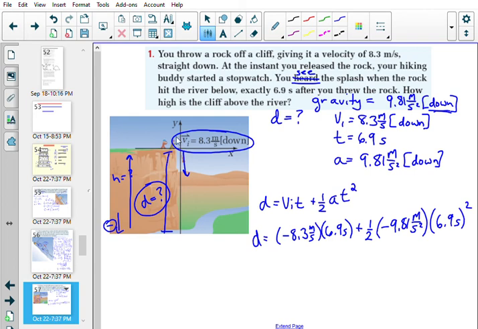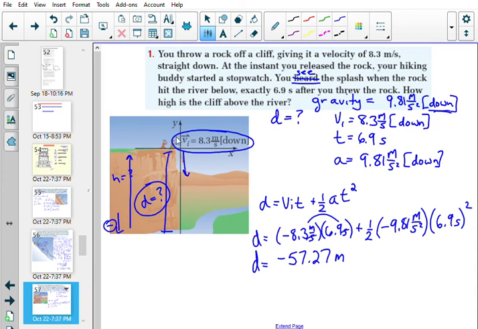So if I take the negative 8.3 and the 6.9 and multiply those together, I get negative 57.27 meters, because the seconds cancel.